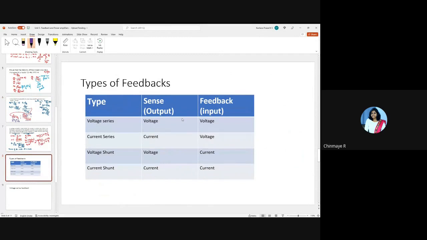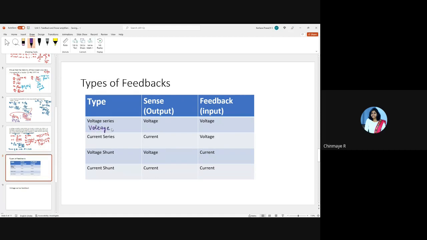Next, we'll see what the different types of feedback are. But before that, let's recall the different types of amplifiers that we have studied. If the input to an amplifier is voltage and the output of the amplifier is voltage, then what do we call that kind of amplifier? It's a voltage amplifier.